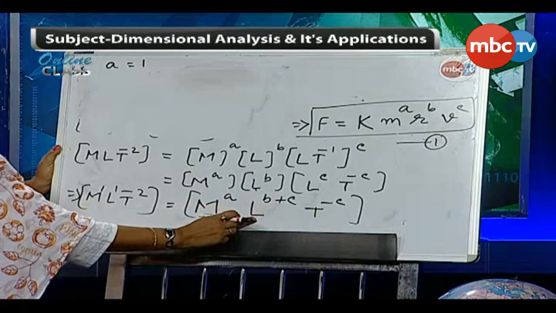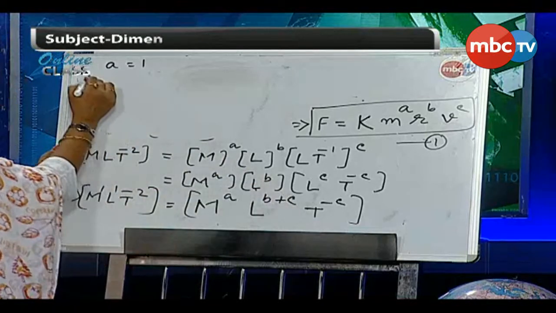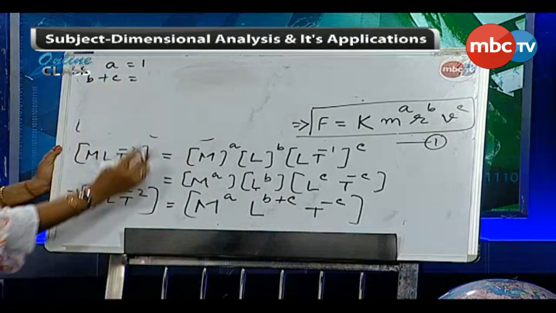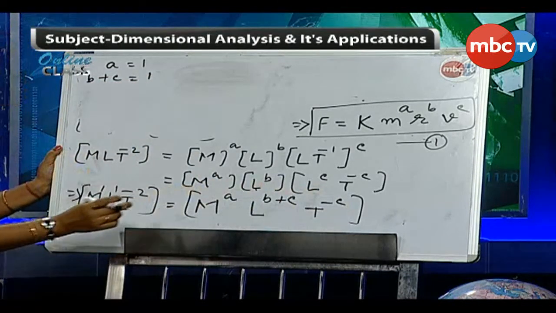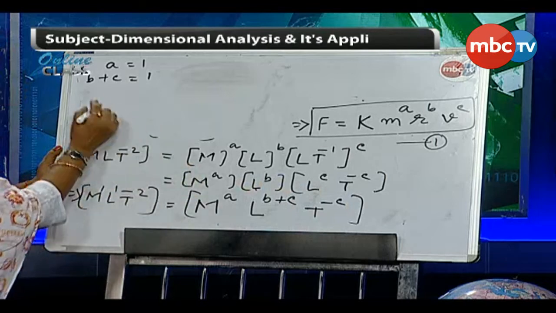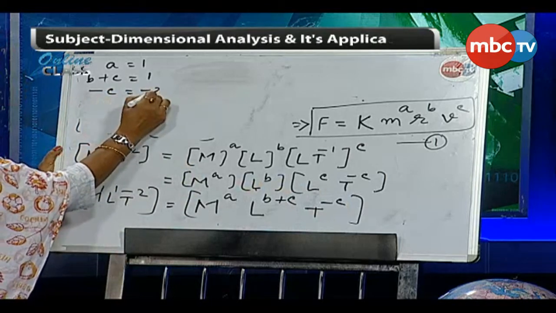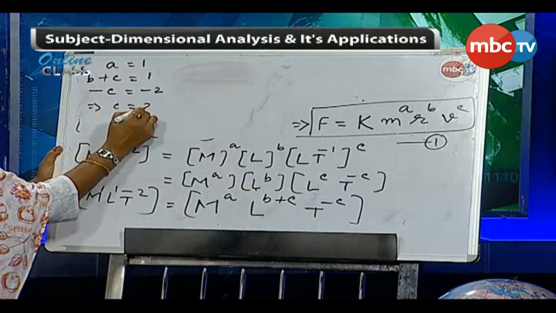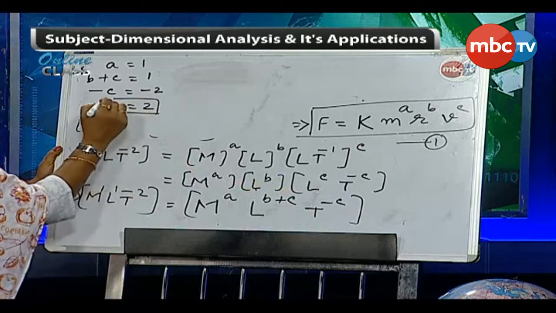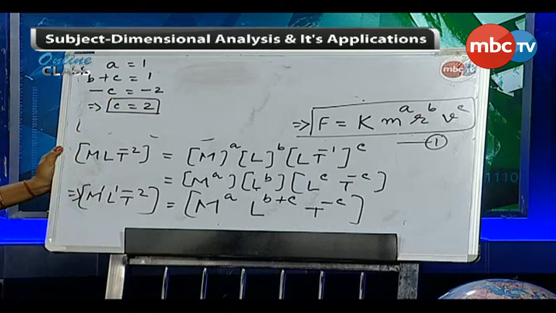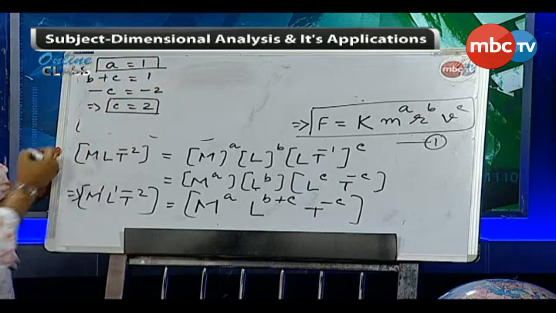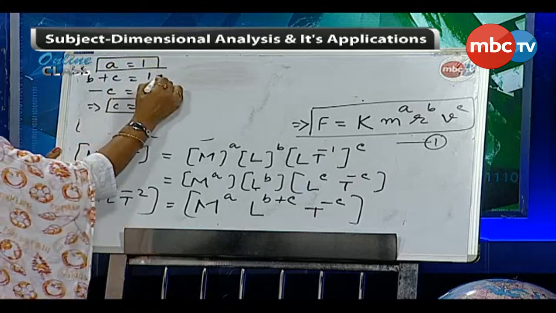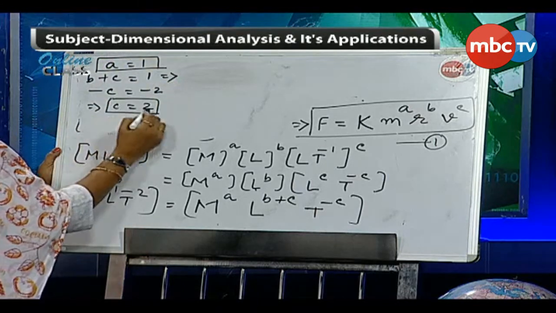For L, equating the exponents, b plus c is equal to 1. Then T raised to minus c, here minus 2, so minus c is equal to minus 2. So c is equal to 2. Here a is equal to 1. Clear?